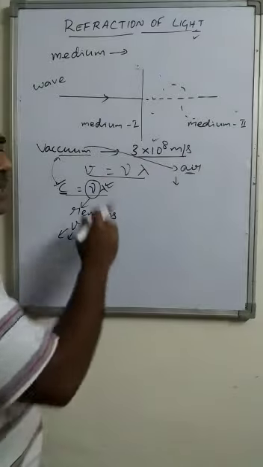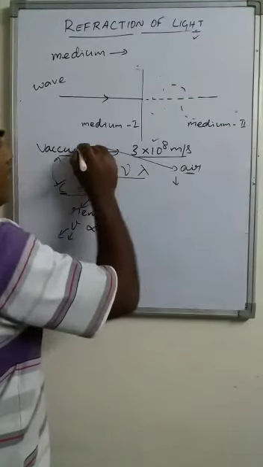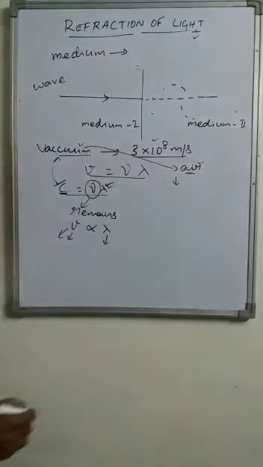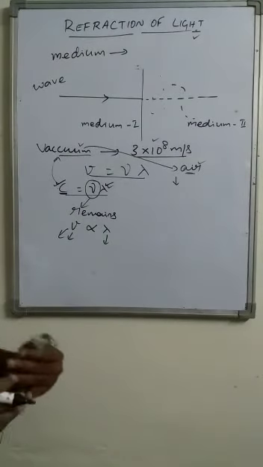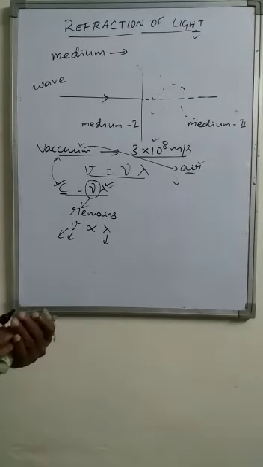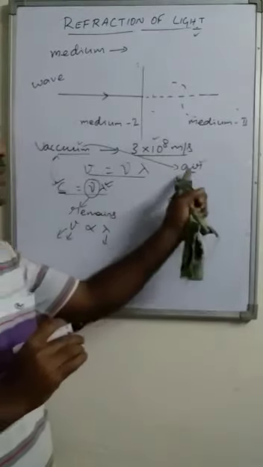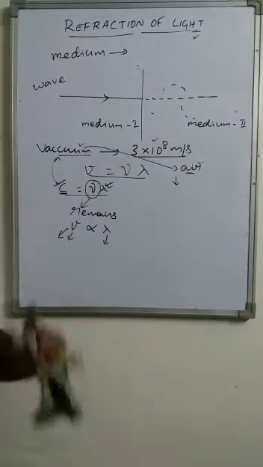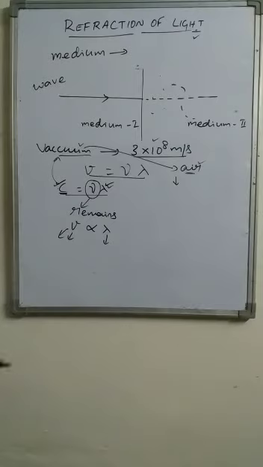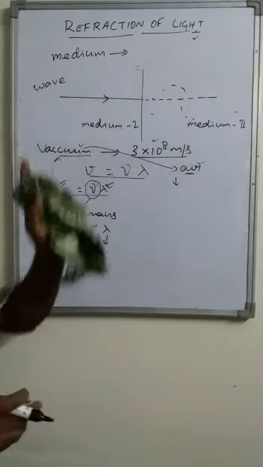That's why we consider the velocity of light in vacuum and in air to be nearly equal. We do not differentiate between them. Now coming to this, as I told earlier, when the velocity changes, the path of light changes.